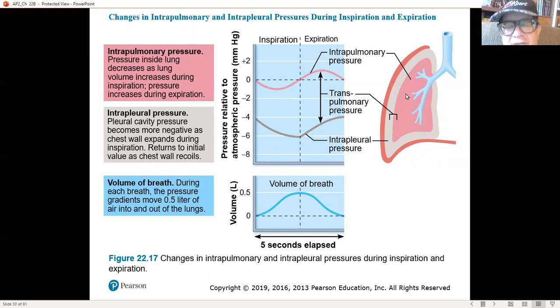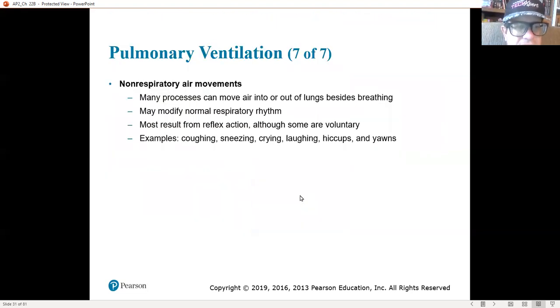You have lower pressure on the outside, in the atmosphere, and you're going to have the volume of the breath go down. Why? That's exhaling. Oh, it says at the top. Inspiration, inhaling, drawing air in, that happens when the pressure in the lungs is lower than the atmospheric pressure, and air flows from high to low, and the lungs fill with air. It's pretty straightforward.